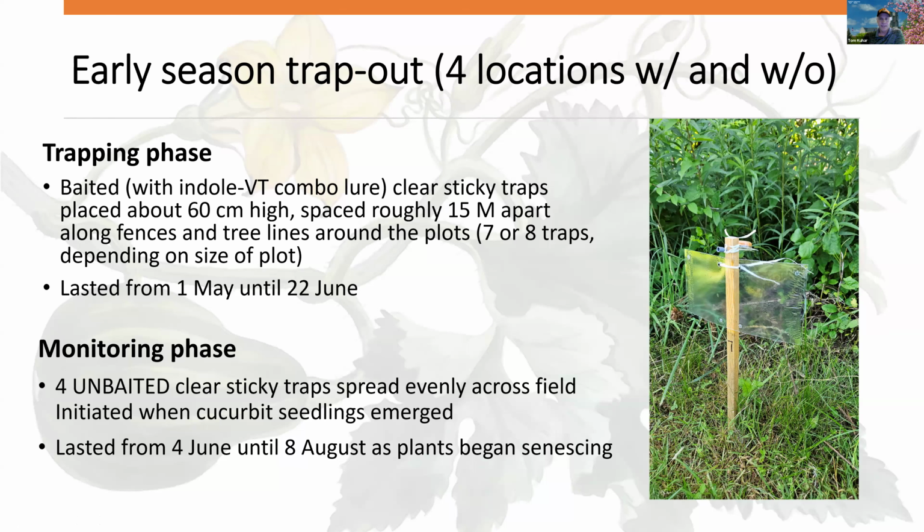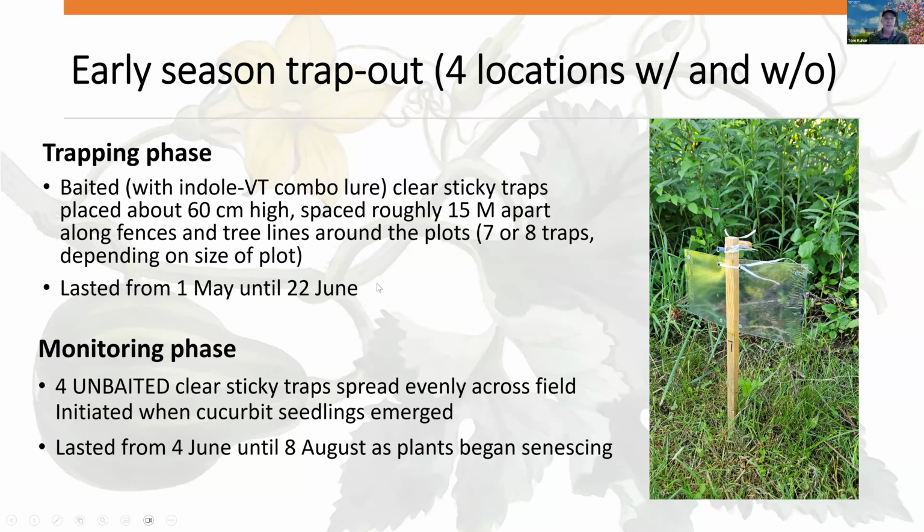So Demian ran his first trials last year. We couldn't do this large scale on gigantic squash fields, so we did them more on a community garden, small organic garden, small organic farm plots. And what we did is surround the plot with sticky traps that were baited with the pheromone and the kairomone indole.